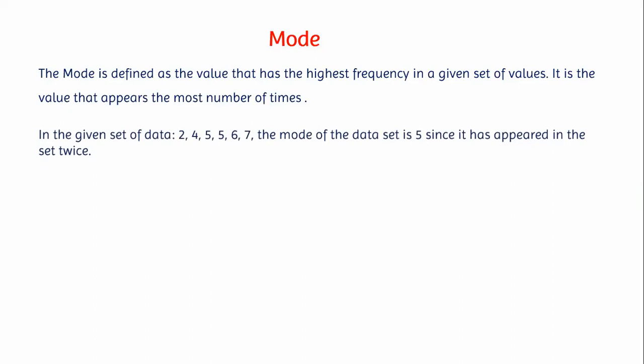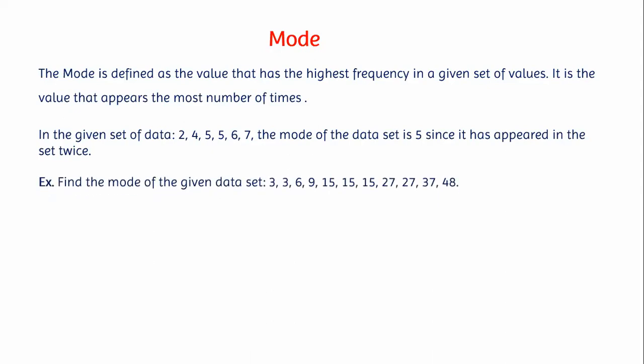Suppose we have a data set in which there are only 6 observations: 2, 4, 5, 5, 6 and 7. The mode of this data is 5. You can find arithmetic mean also, geometric mean also, median also, and mode. So mode is 5 because it is occurring twice and all the other observations are occurring less than 2 times.